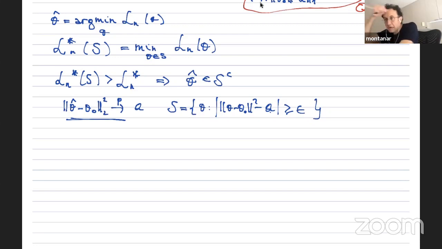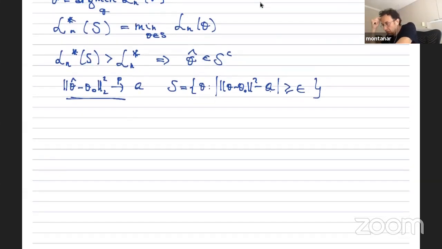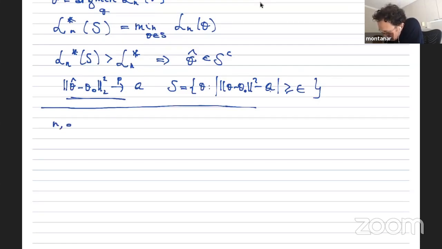Now let me describe in 5 minutes the typical result that you get here for the lasso. I'll describe one precise theorem, I'll just state it. The setting is you take n and d going to infinity, and n over d goes to some ratio delta.